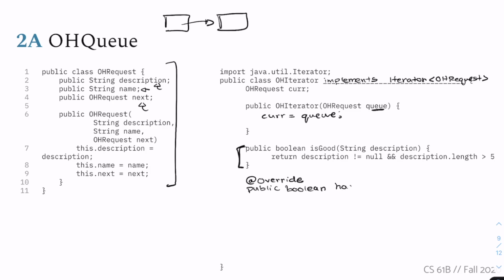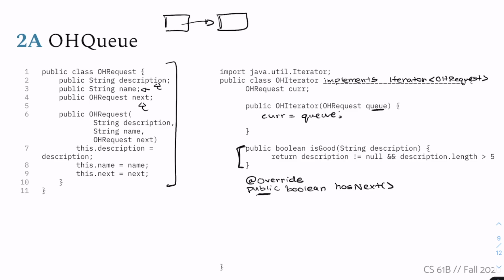hasNext. If you're wondering, can I make this function private? The answer is actually no, because all interfaces by default have their functions as public. By default, the interface's hasNext function is already public. And when you override a function, your function has to have greater or equal access to the function it overrode.